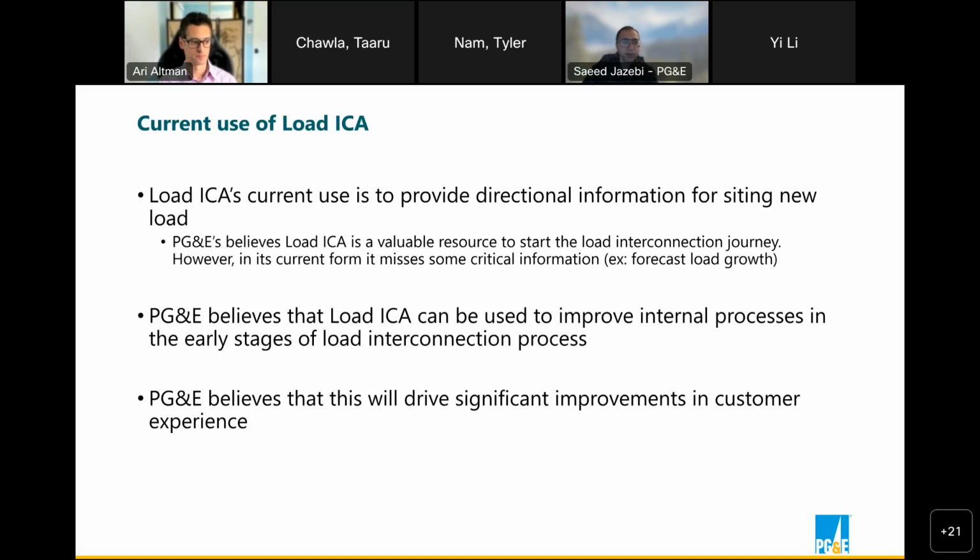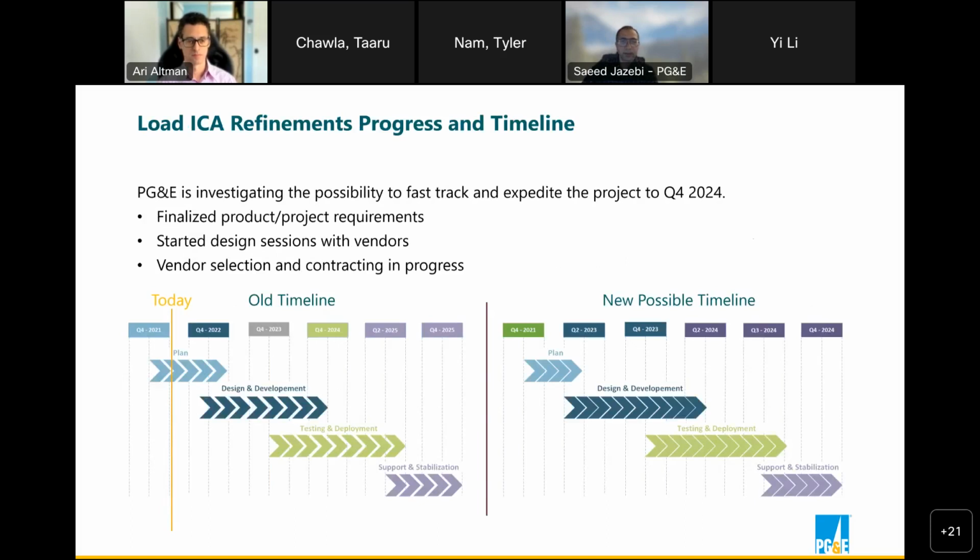So with that in mind, PG&E is trying to expedite the implementation of the load ICA, and we can move to the next slide. So we had drafted comprehensive project requirements and shared those requirements with our vendors last year.